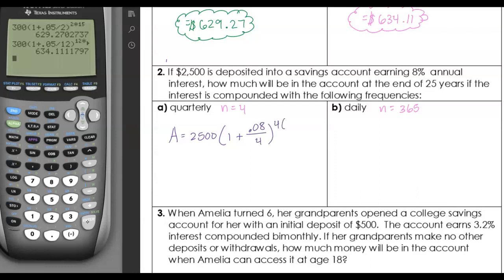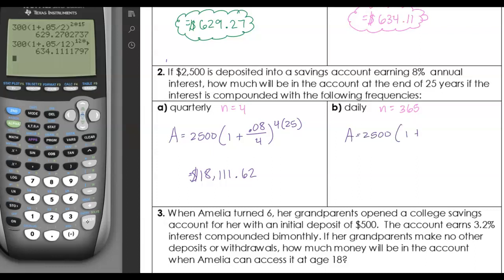And then it is after 25 years. So if I plug that all in my calculator, I actually get $11,111.62.